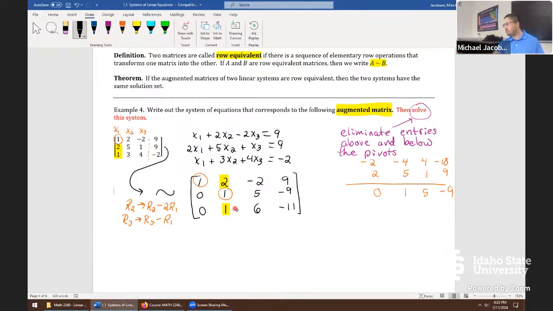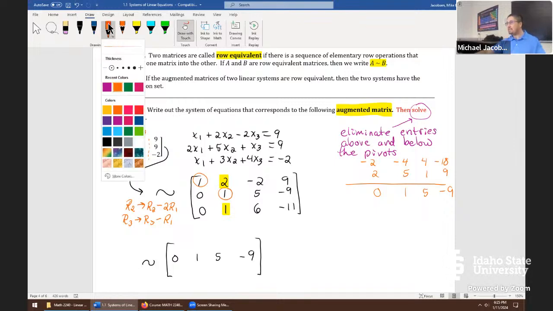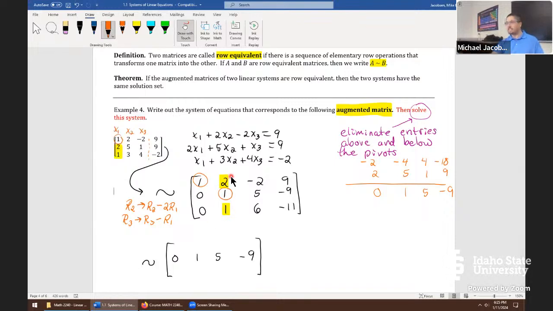We have a couple operations on this one. We'll write row equivalents again. And the only thing that's not changing is row 2 this time. So let's start by writing in row 2: 0, 1, 5, -9. Okay, now we're going to make our changes. Let's start by eliminating this 2 right here.